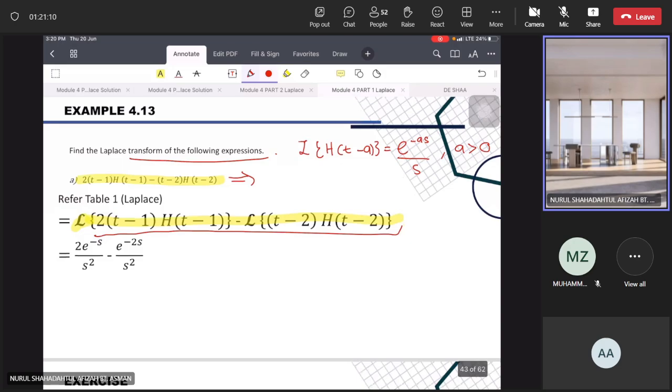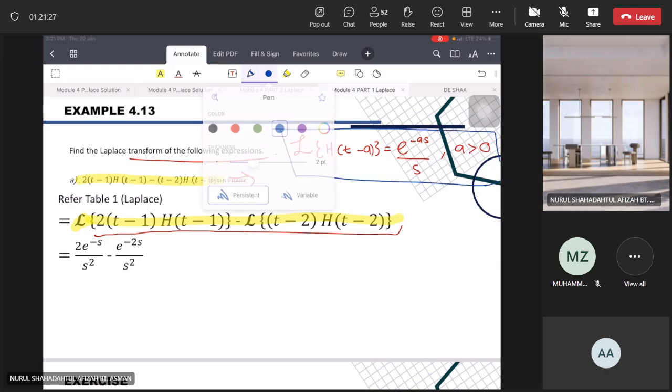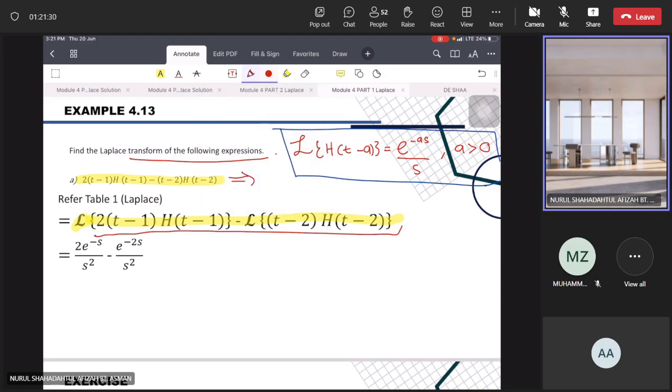So by referring to this, we'll try to solve this one. So H is, so we'll try to solve the first one first, which is this one.